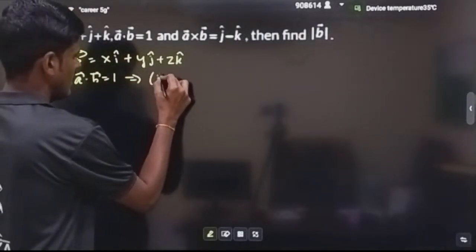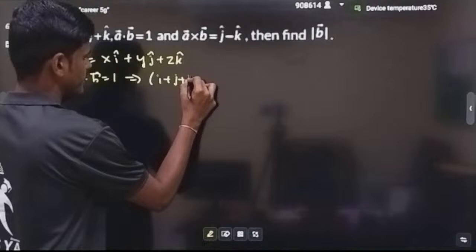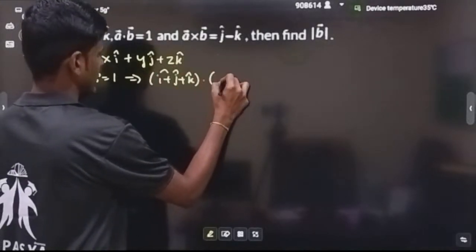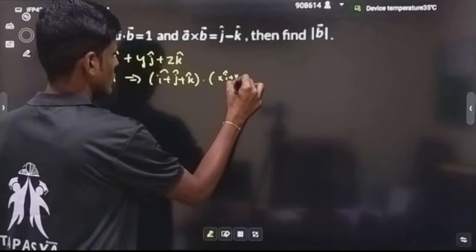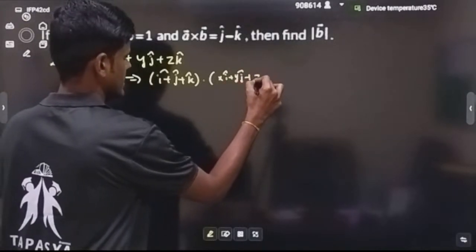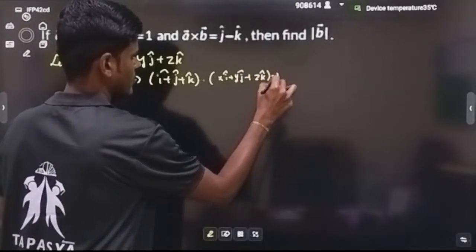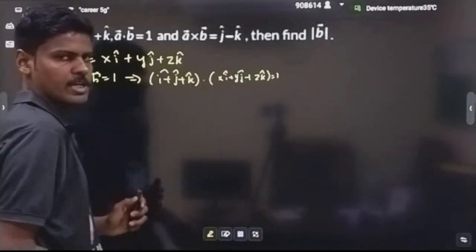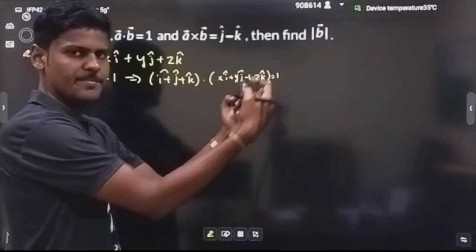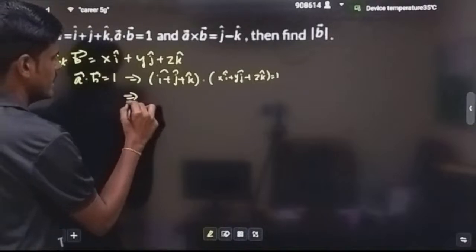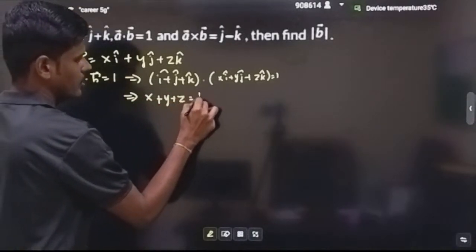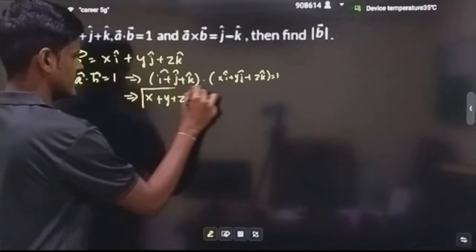That means i plus j plus k dot x i plus y j plus z k equal to 1. Now how to find this value? For dot product, multiply the corresponding components and add, which means we will get x plus y plus z equal to 1. This is our first relation.